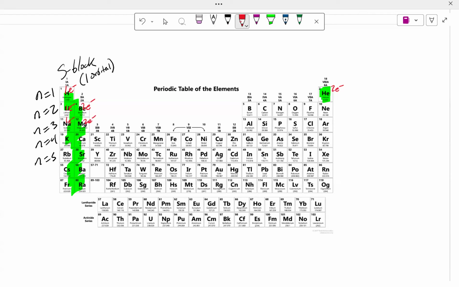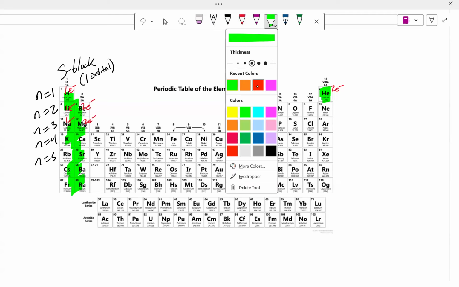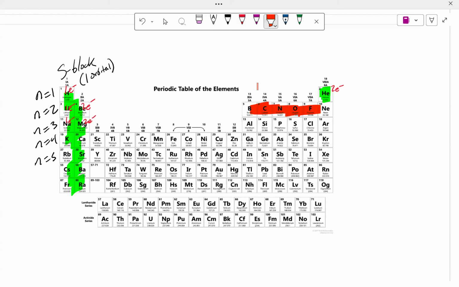And I can do that all the way down those 2 columns. I know it sounds a little confusing now, but once we put all 4 of these things together, then it'll become a lot more clear. We look at the P block.